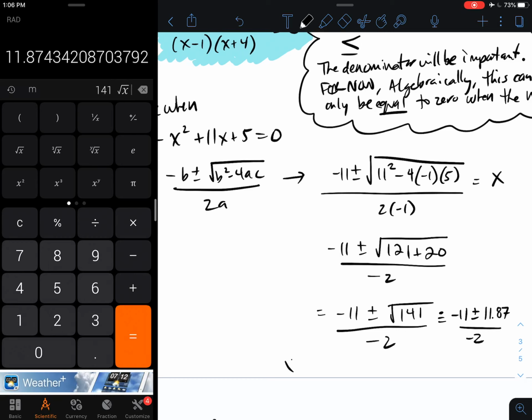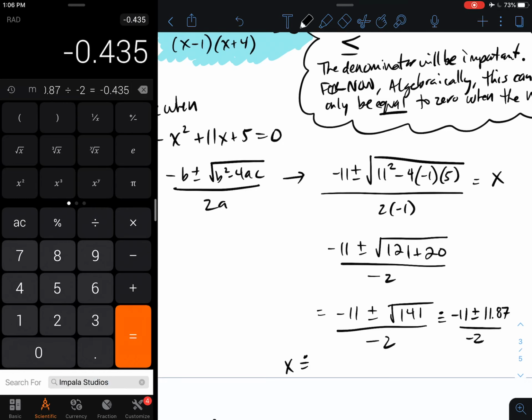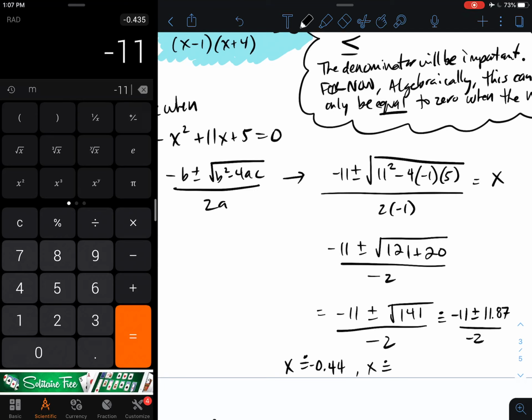So my two answers are going to be negative 11 plus that value, so about negative 0.44. And my other possible value will be negative 11 minus that value.